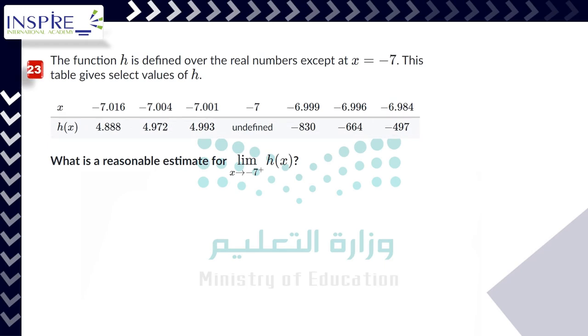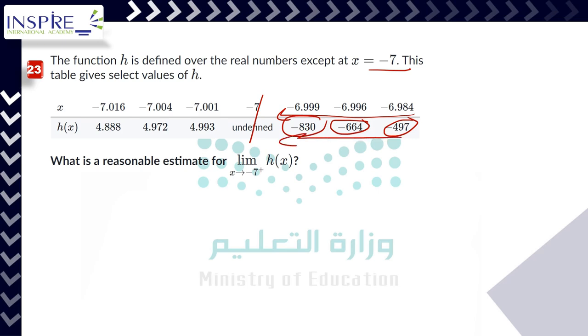Next question, the function h is defined over the real numbers except at x equal negative 7. We need the limit of h of x as x approaches negative 7 from the right side. The same, this is negative 7, I don't care about it. This is the right side, we get closer and closer to negative 7. What about the value as we get closer to negative 7? Negative 497, negative 664, and then negative 830.